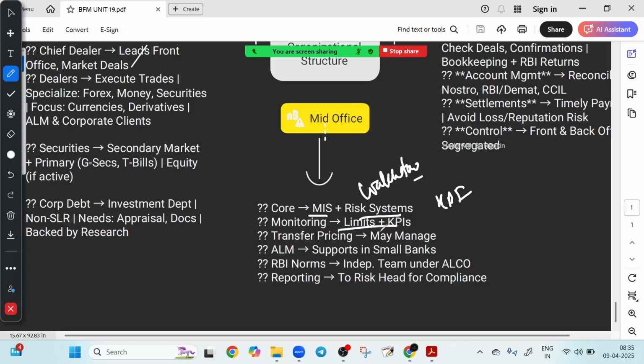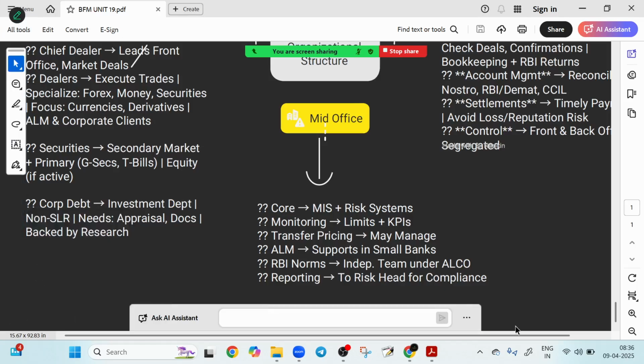It even handles transfer pricing and offers ALM support. Remember, questions are asked based on this. It works closely with the risk head and maintains independence under ALCO to comply with the RBI norms.